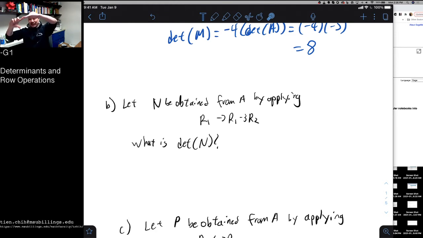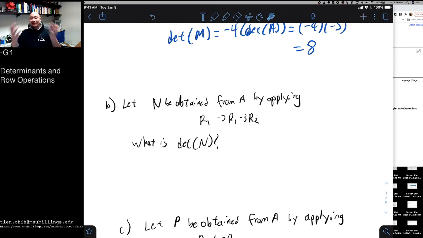R2 is going to stay the same, but R1 is going to shift over by some amount, right? It's going to shift over by some number of copies of R2. But in shifting it over, you don't actually change the area of the parallelogram, right? We're just moving things through.